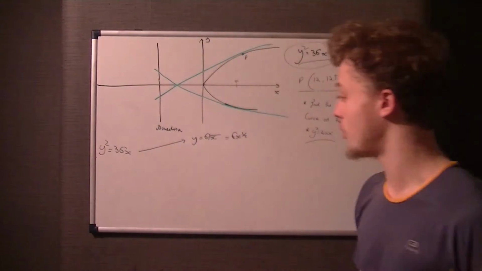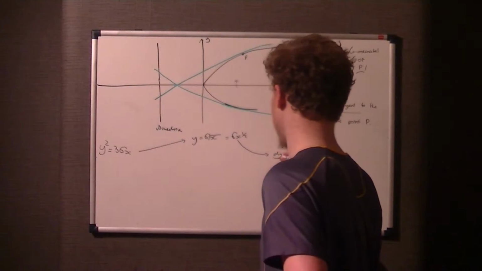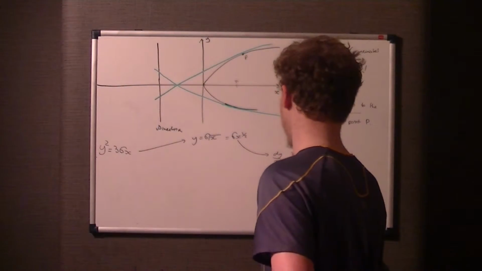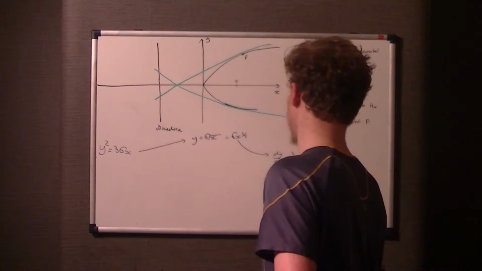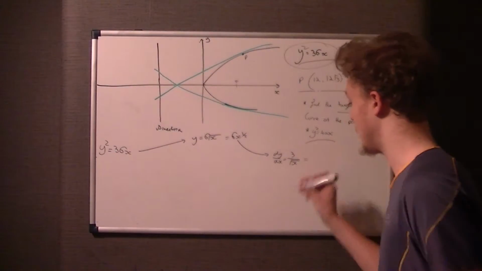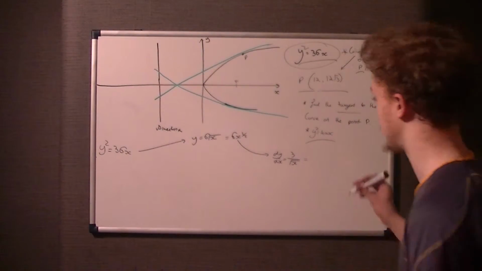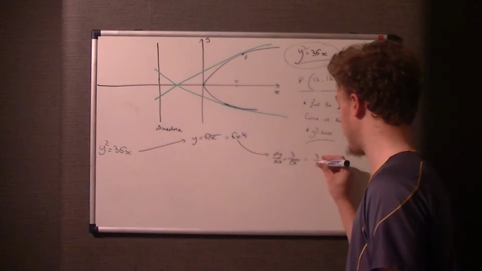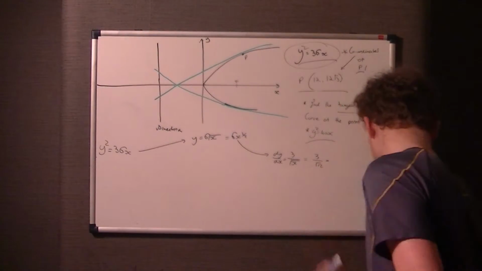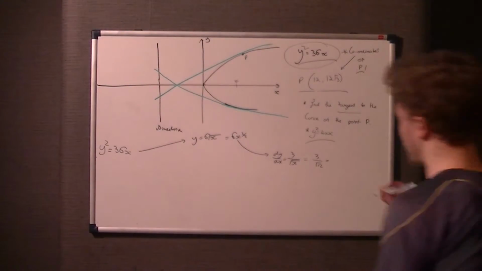Then you differentiate that, so you times by the power, and you get 3 over root x, or 3x to the negative half. Then you sub in your value for x, which is 12, so 3 over root 12, and if you put that in your calculator, you should get root 3 over 2.